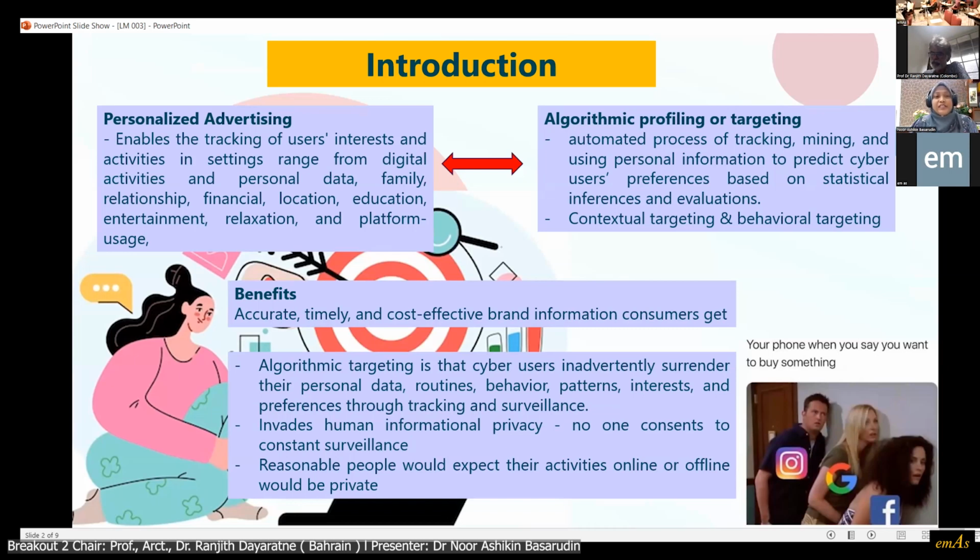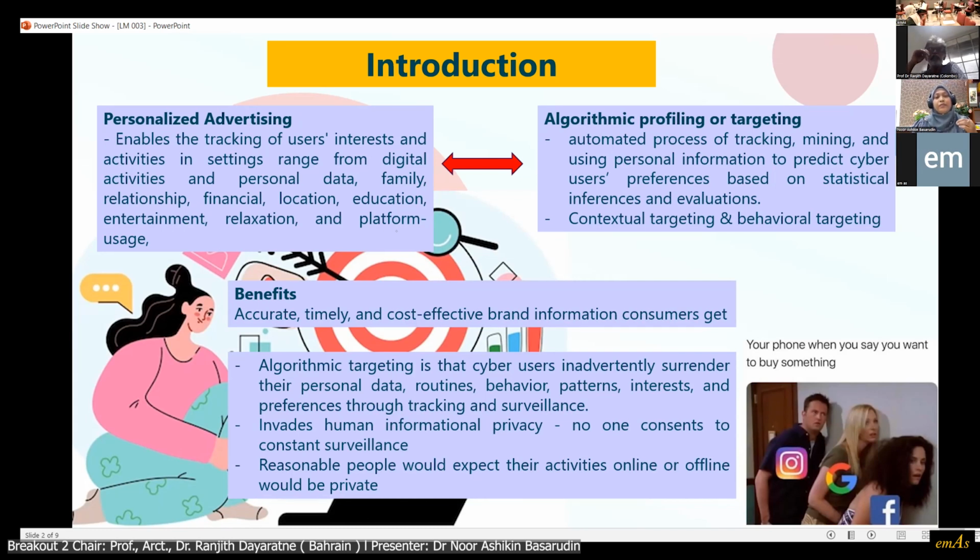If you can see the memes here, this kind of digital technology is called personalized advertising, which enables the tracking of users' interests and activities, ranging from digital activities and personal data, family, relationships, financial, location, education, entertainment, relaxation, and platform usage.